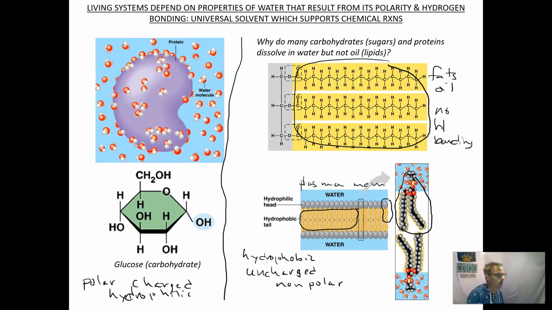So this part of the phospholipid molecule that's interacting with the water molecules would be polar, or actually negatively and positively charged, and then this part right down here would be nonpolar. And so this is a way that membranes separate solutions. Nonpolar molecules will not interact with water, but the polar and charged hydrophilic molecules will interact with water, and water will be able to, we say, dissolve them.